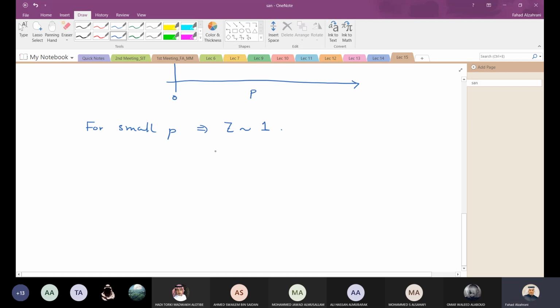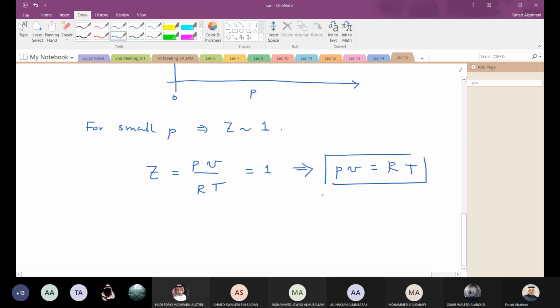For a small p, Z tends to 1. So if we put Z equal to 1, what is our result, guys? This equals 1, which means PV equals RT. And what do we call this, guys? We call this the ideal gas equation or model, the ideal gas model.